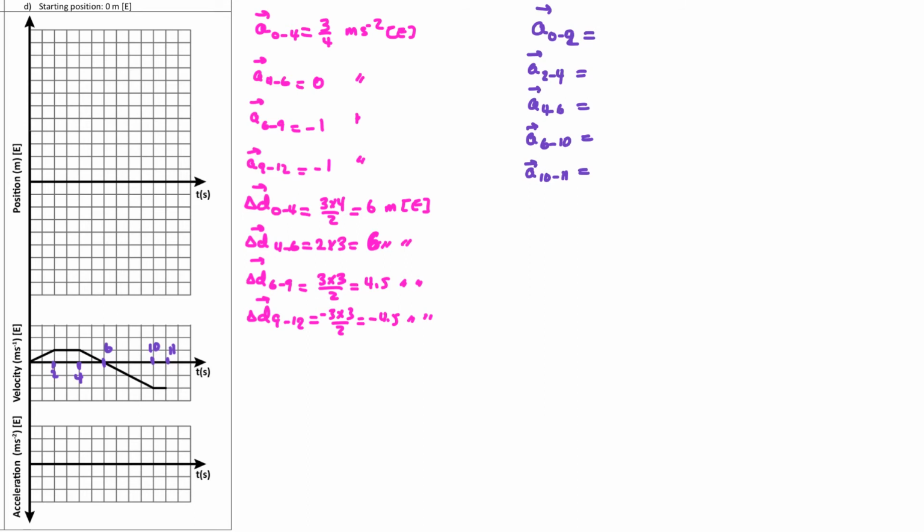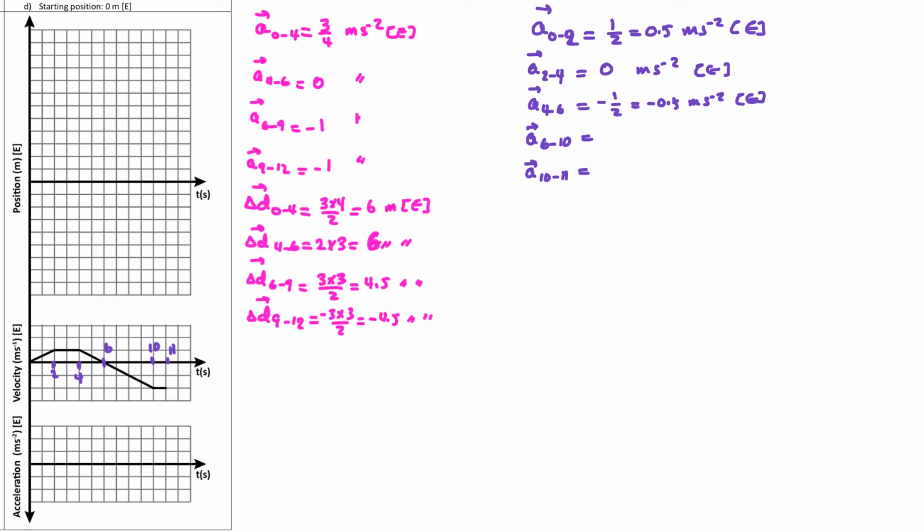Okay, the slopes. The first slope is 1/2. So that's 0.5 meters per second squared in the east direction. The next one, the slope is 0 meters per second squared in the east. Then the slope is -1/2, or -0.5 meters per second squared in the east.